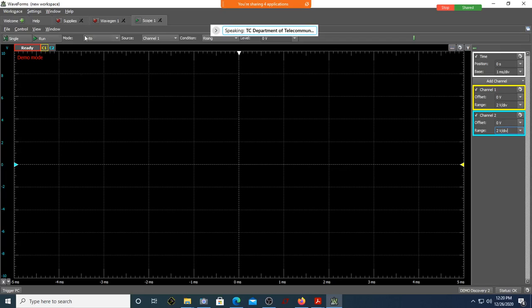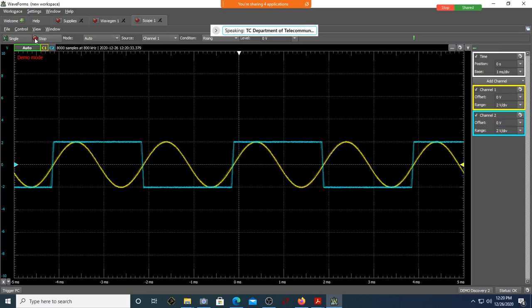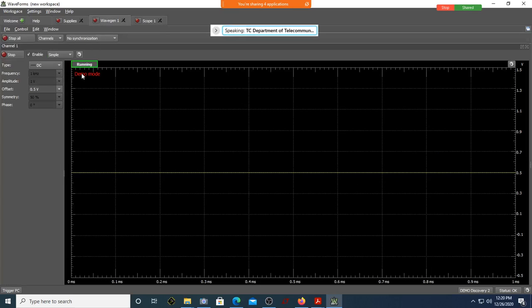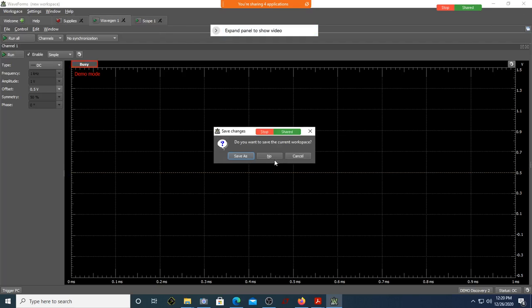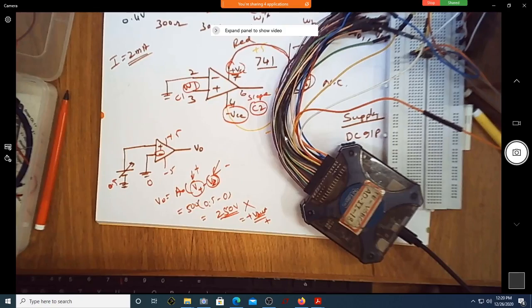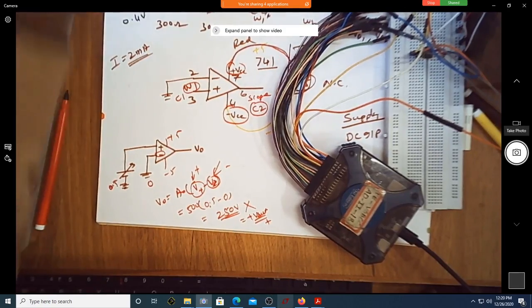Now let me run this. Okay, 1 second. Let me just go back to WaveGen. Oh, it's in demo mode. Let me just go back and see why it is in demo mode. Okay, since I have not selected it, I'll go back here.